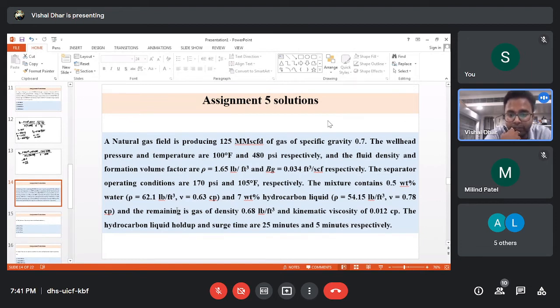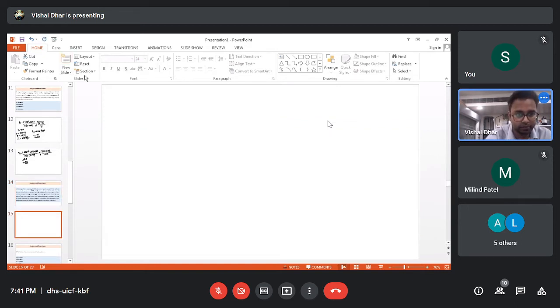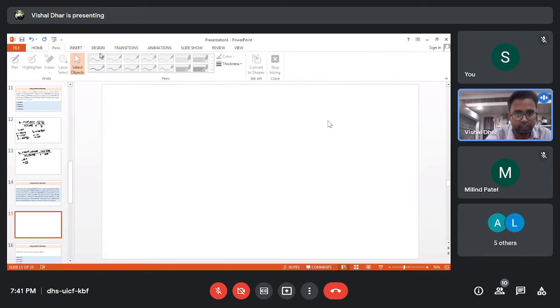Then standard cubic feet will cancel out and feet cube will be there, and again feet cube we have to multiply with density to convert it into mass. Did you get what I said? Let me do it. Just normal unit conversion.